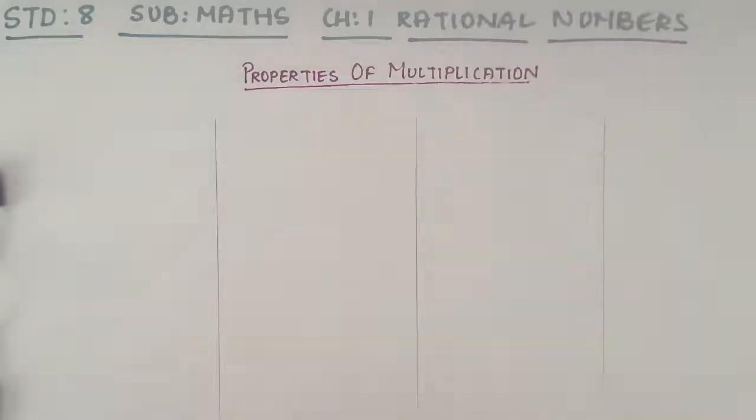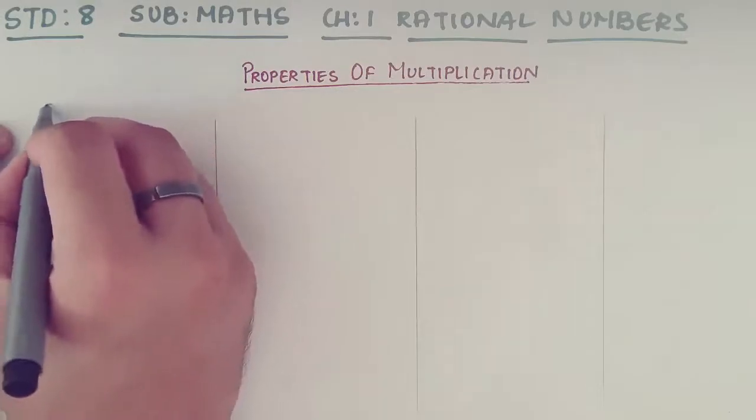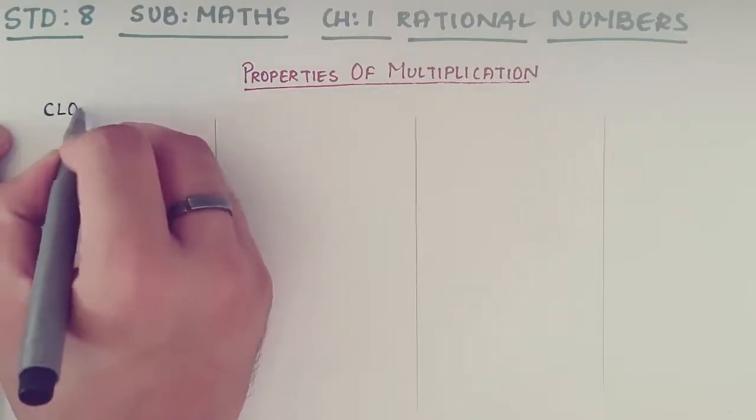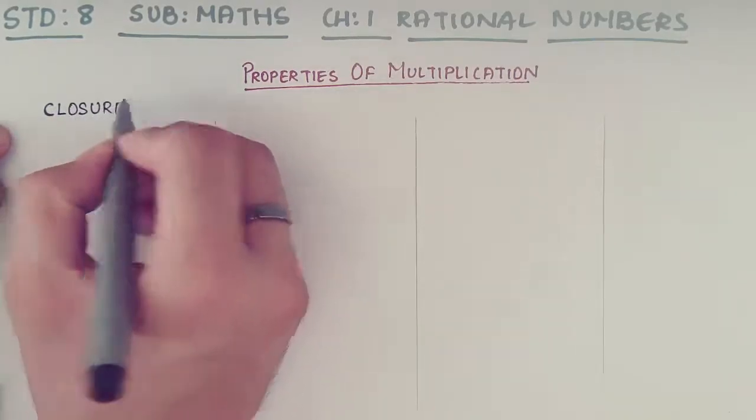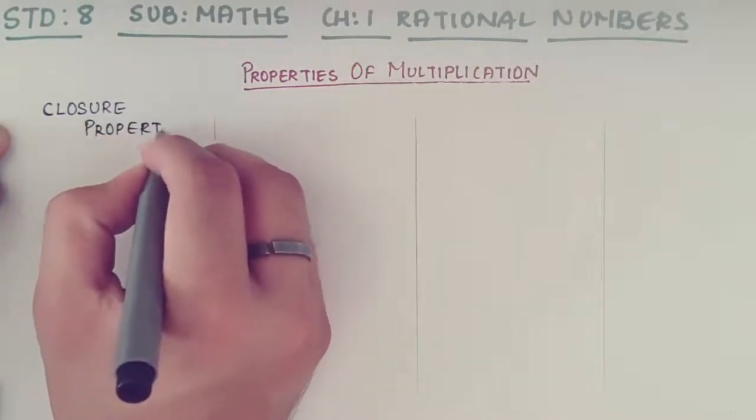Hello students, in this video we are going to study about rational numbers and specifically properties of multiplication. Okay, so write down the first property, and that is the closure property. Closure property.